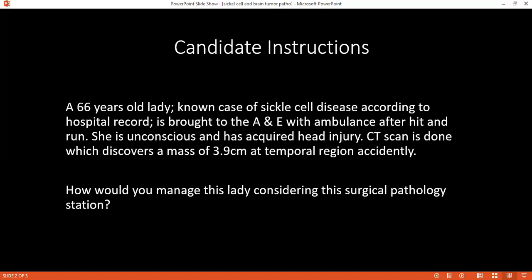I will put two wide bore cannulas for transfusion of crystalloid and blood as needed. Before this, we take a cross match and group and save, and I will involve the multidisciplinary team to help me manage this patient. After the patient is stable, we can manage the temporal region.